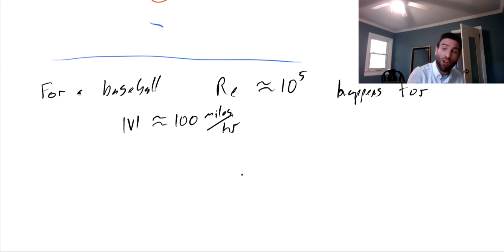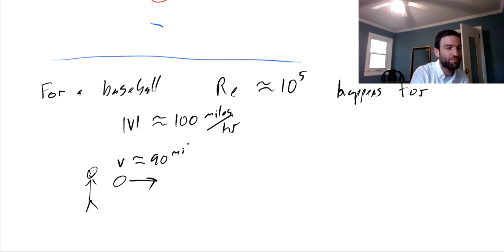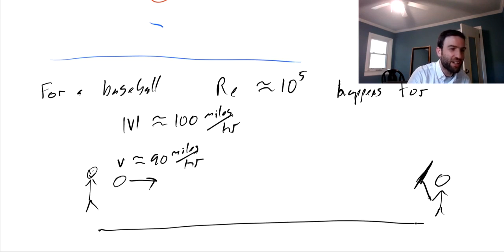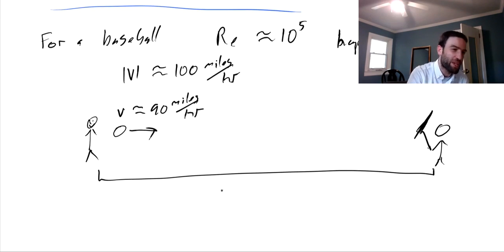So the large pressure drags that are influencing a pitch, if I have a pitcher throwing a baseball, let's say at 90 miles an hour, by the time it gets to the batter holding a stick, whatever, the distance between a pitcher and a batter in baseball is only like 60 feet, I think.